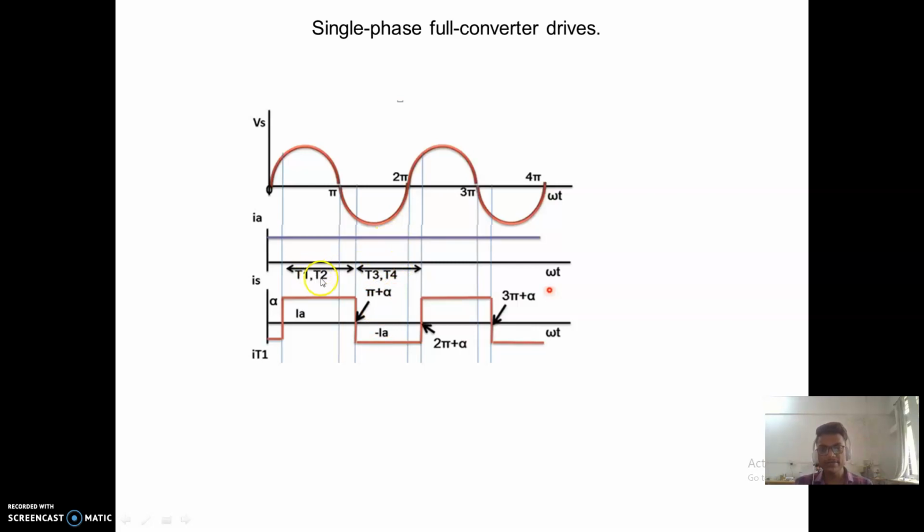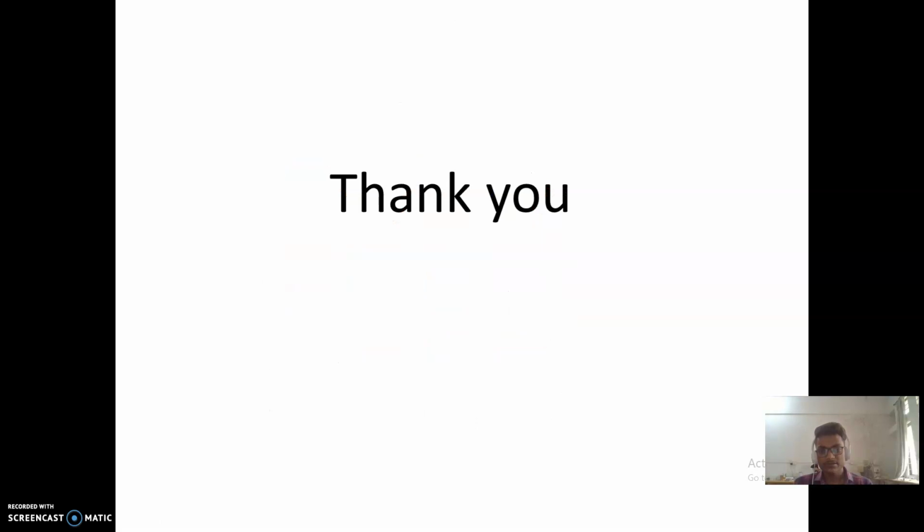Means if T1 and T2 are on, at that time our source current is high, and when T3 and T4 are on, our current is in the negative half. This happens by the firing angle phase shift, means it goes to the negative half after pi plus alpha phase shift. Thank you.